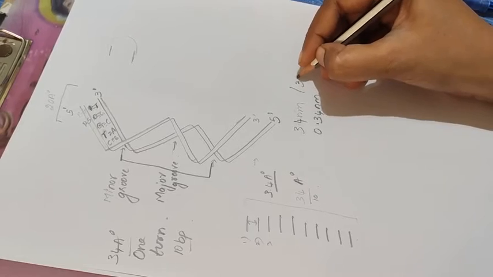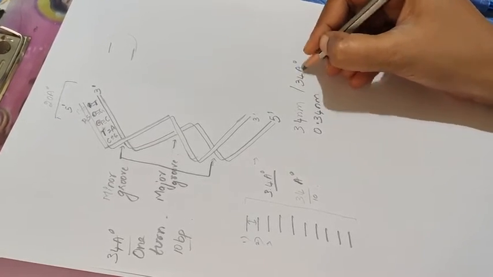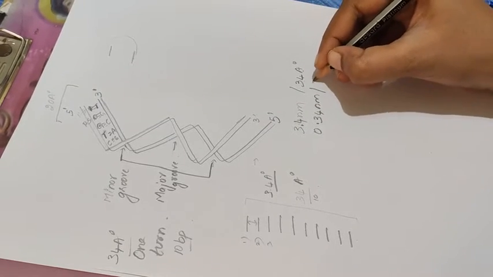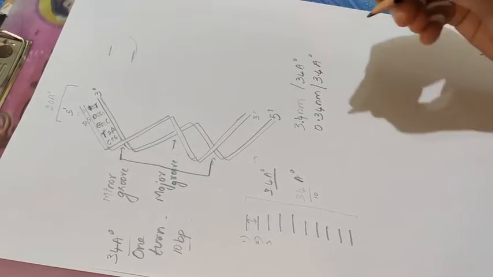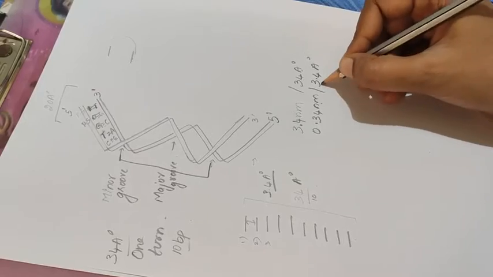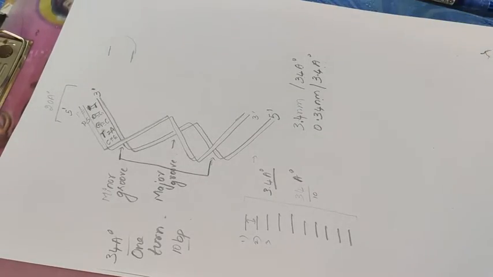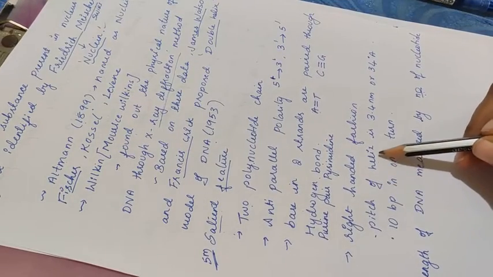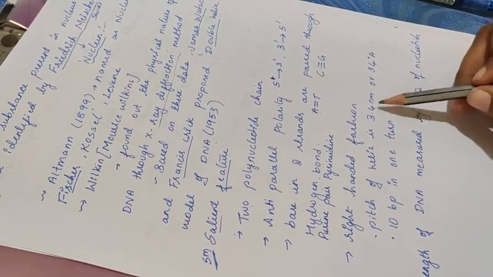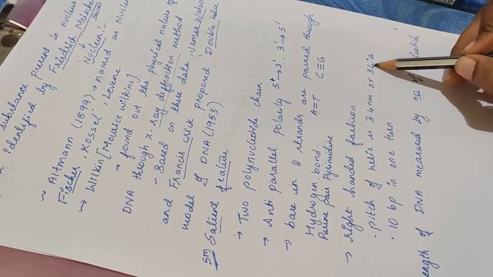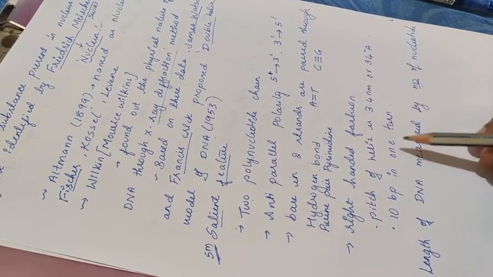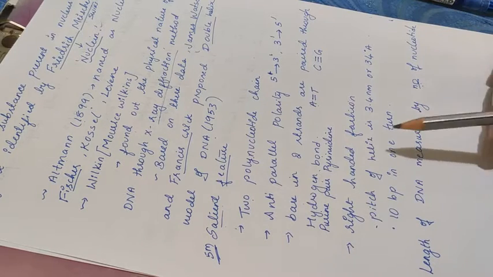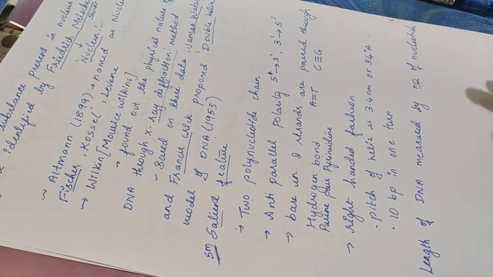Either say 3.4 angstrom or 0.34 nanometer. Coming back to this, the pitch of the helix, that is one turn, is 34 angstrom. There are 10 base pairs in one turn. Therefore, the distance between successive base pairs, just divide this by 10.